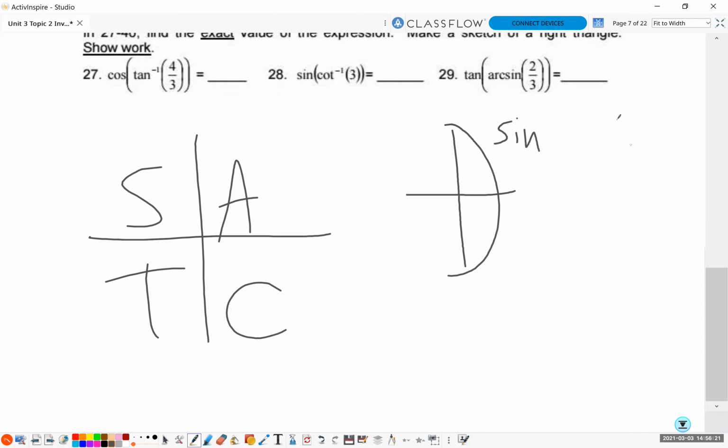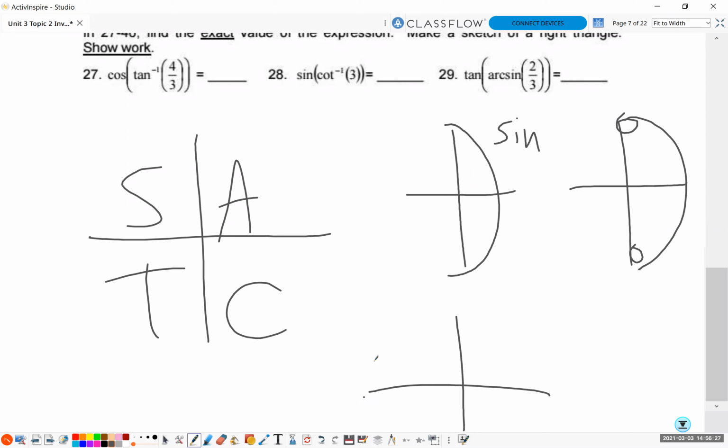Sine, tan, cosine. And then I say to myself, I'm sorry, these are inverses. Cosine, positive, inverse cosine, positive here, negative here.